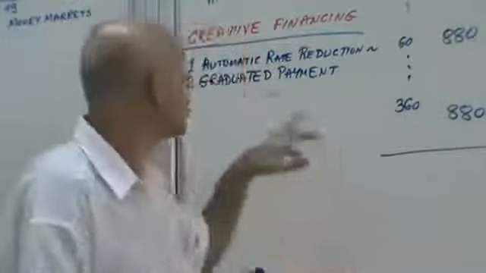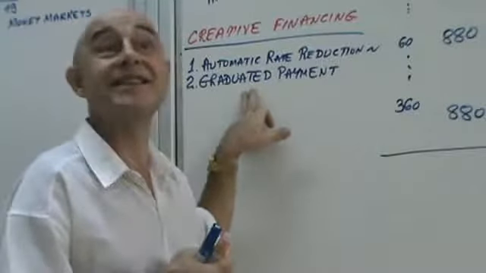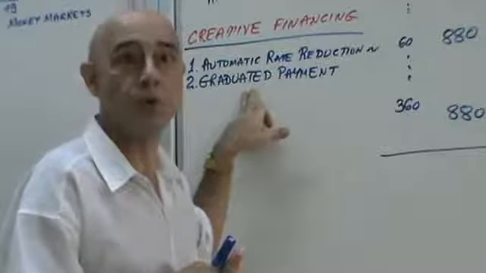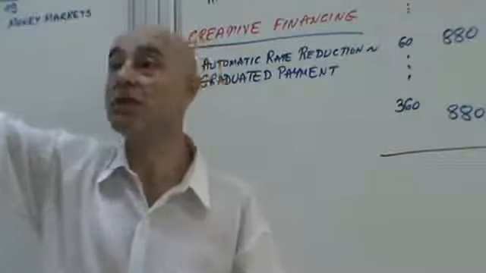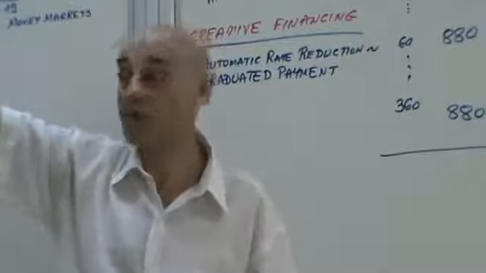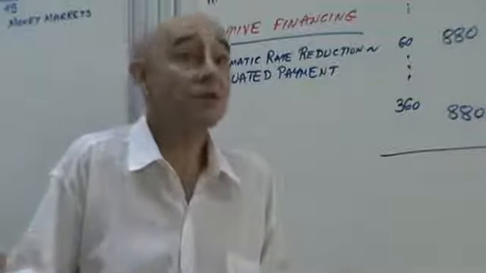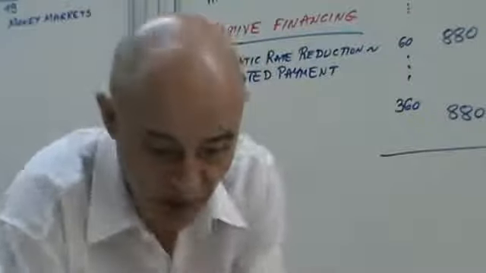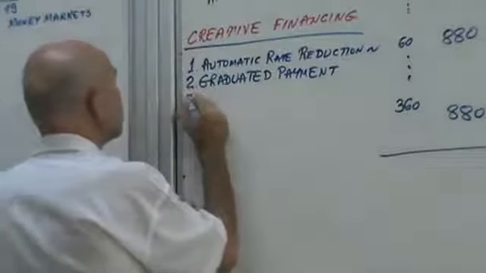So graduated payments essentially expect the borrower to have a better, improved income after, let's say, 5, 10, or 15 years, because the borrower gains knowledge and experience. That's normal, that's natural. Number 3, growing equity mortgage.